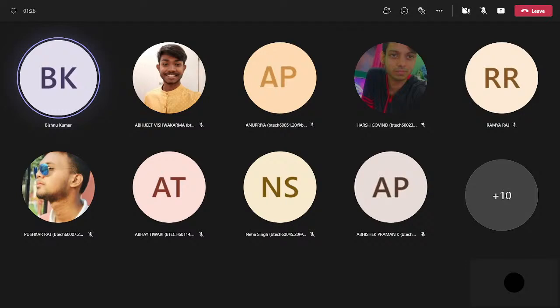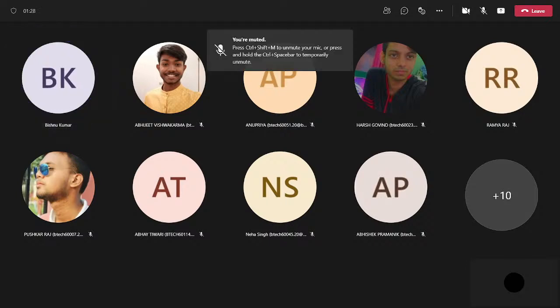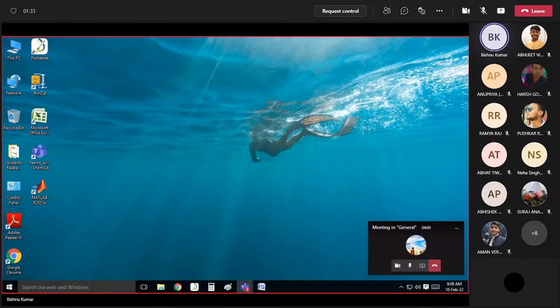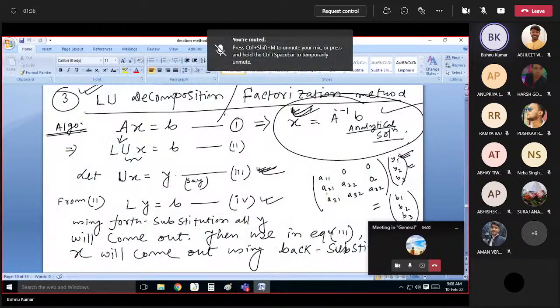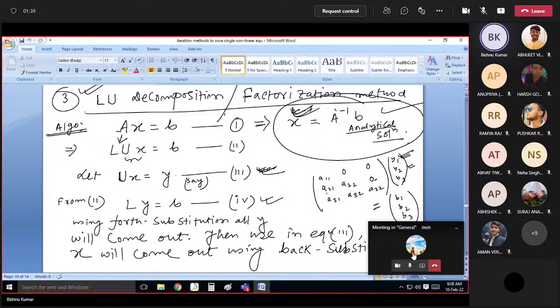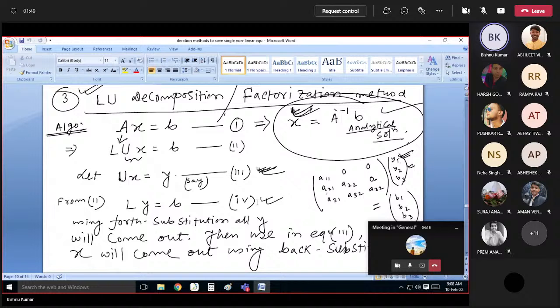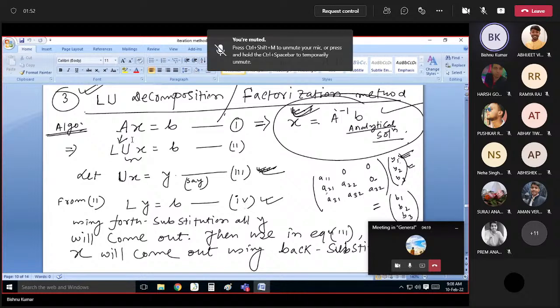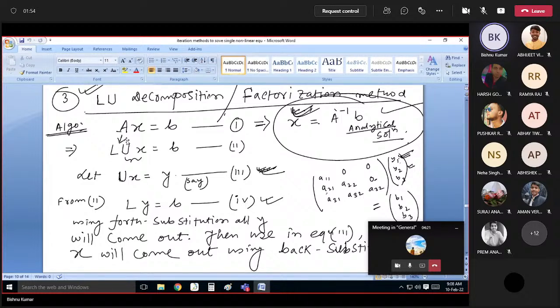Let me start, and I am going to the screen. Okay. Yesterday we started the technique. Is it visible? Yes, sir. So I told you in the factorization method, this is a simple algorithm, but your main work will depend on factorizing the given coefficient matrix into two matrices L and U. That is your main work, and for that purpose, there is some trick or idea.